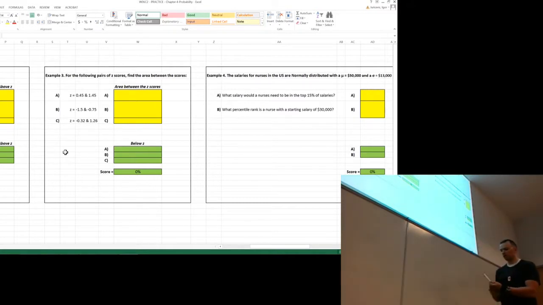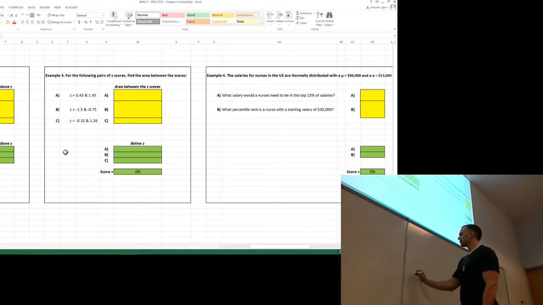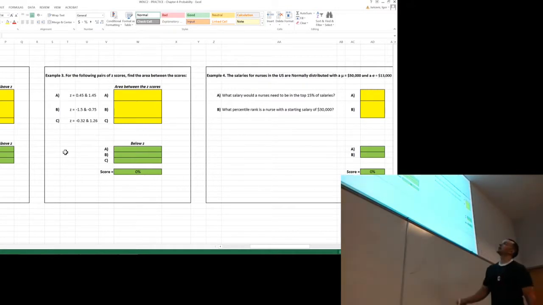And once again, you want to draw out your distribution. And this time, we're asking for between parts, right? So we have 0.45. So let's call this 0.45. And then we have 1.45.